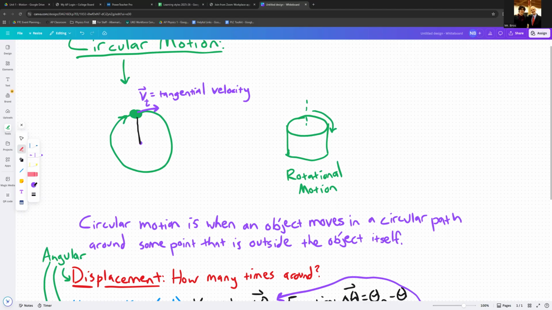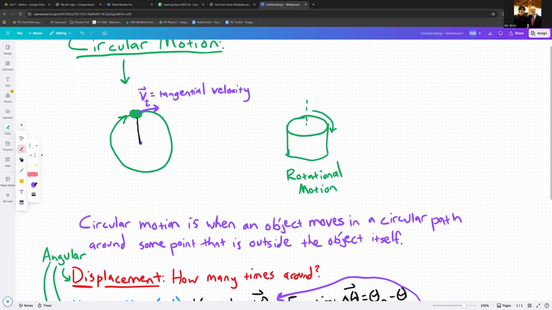And it turns out if we just allow it to keep doing that by cutting the string and letting it fly off, it'll go in that direction with the tangential velocity. Okay. So the reason that circular motion occurs is we're not allowing the object to keep going in that straight line with the tangential velocity and just fly off in that direction.